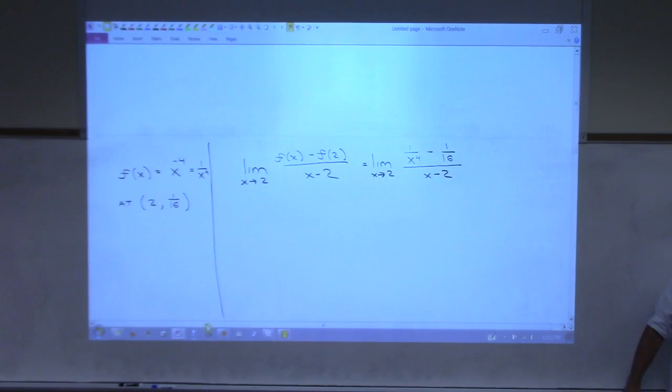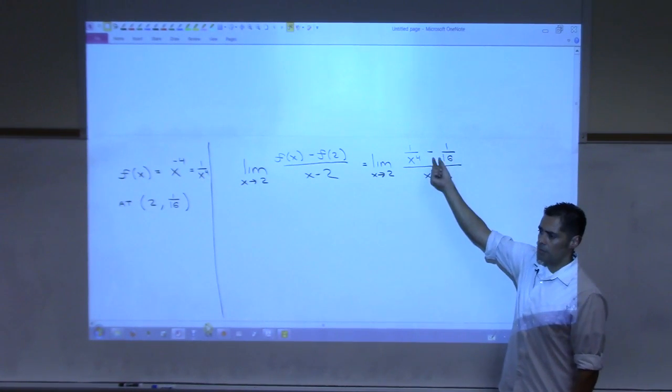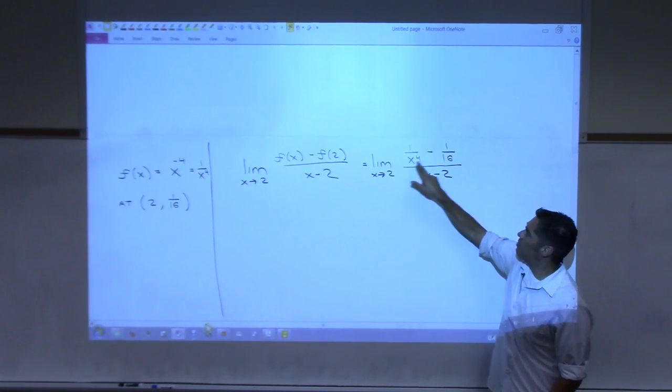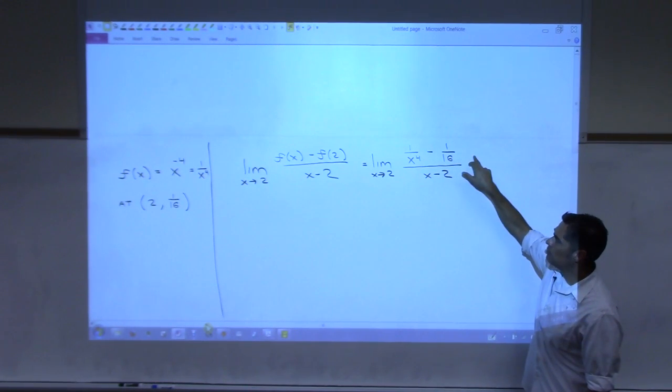Now what? Is that like difference of squares on the top? Yeah, you could look at it that way, but it's also a complex fraction. You could maybe put them together first, right? Get a common denominator between those two, put them together. These two. So you need what, 16 top and bottom here? X to the 4th here and here?